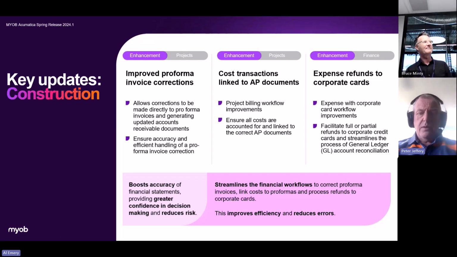Construction, there's a few things coming through here. Firstly, when you generate your pro forma invoice for your progress claim, being able to make adjustments and amendments to that and have those amendments follow through to the actual AP document for the progress claim has been streamlined to make those claims easier and more accurate.